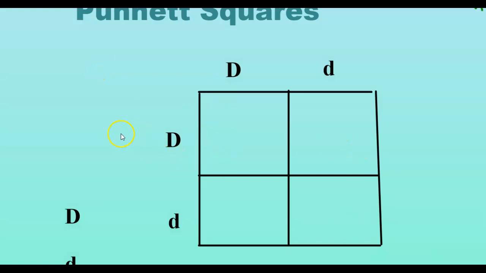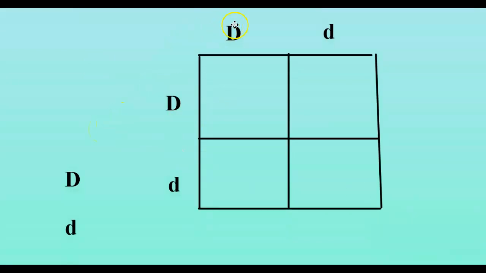So we have some squares in your notes. Let's try it. Let's do the cross between two parents that are both hybrid or heterozygous for the dimples trait. Normally we'll put the father's genotype on top and the mother's on the side. But if you put the mother's on the top and the father's on the side, it'll still work.